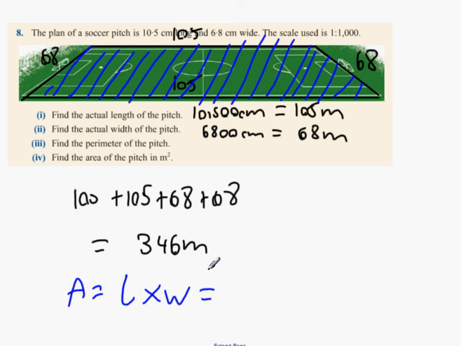You did the volume of a box, okay? And what do you get when you multiply length by width? 68 by 105 will get me 7,140 meters squared.